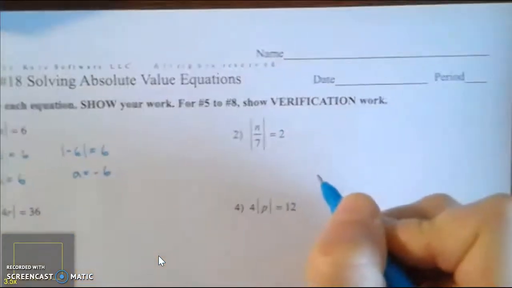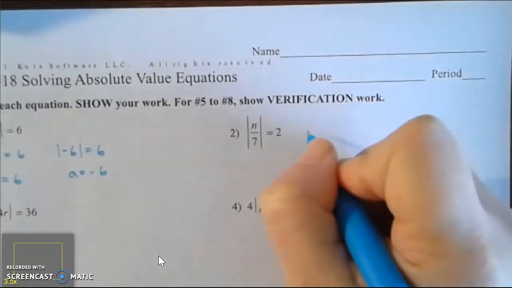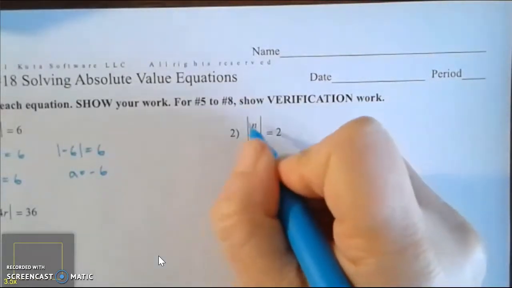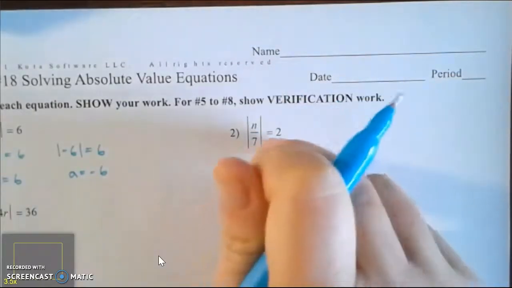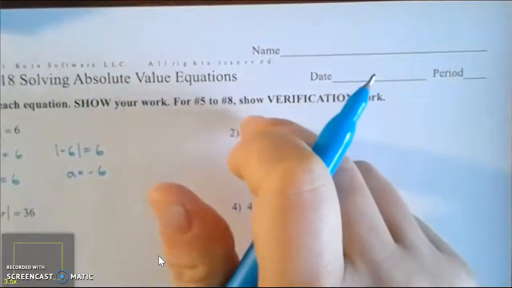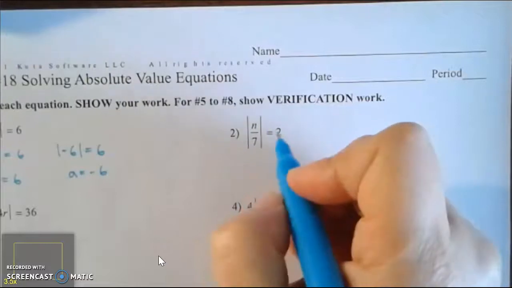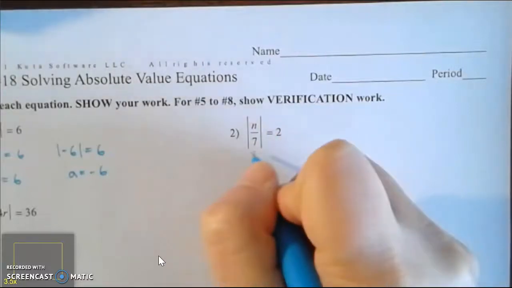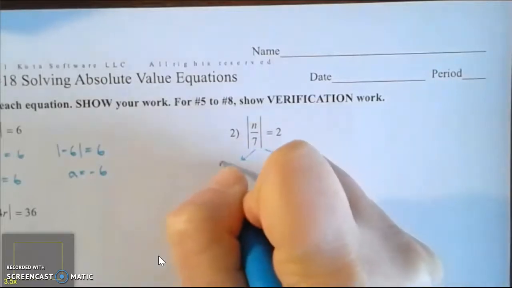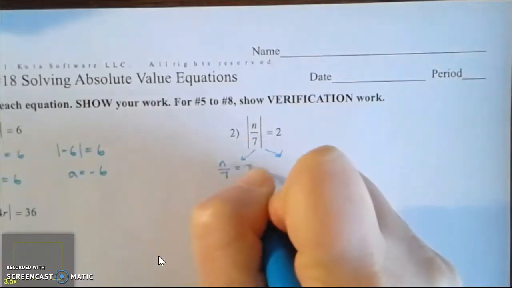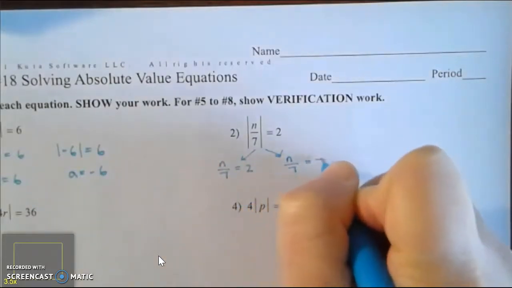What about number 2? Absolute value of n over 7 is equal to 2. Okay, so again, since we have the absolute value sign isolated on one side of the equal sign and just a number on the other side, we need to consider what's inside the absolute value symbol could be positive or negative. So I am going to break this up into two different branches and say that n over 7 could be positive 2 and n over 7 could be negative 2.